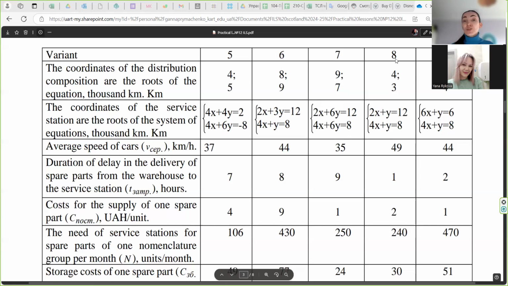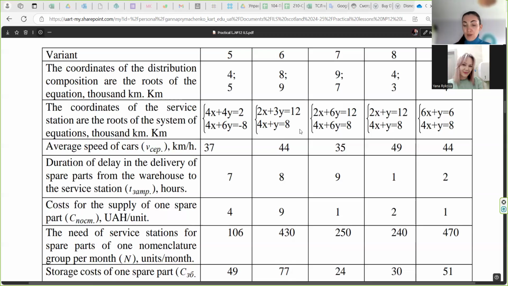And next, what we need to write on our paper is the coordinate of our service station for cars. It is the result of calculation of our system of equations. So you find some X and some Y, also in 1,000 kilometers. And now we need to find the distance between these positions. You can write it in the picture, for example.